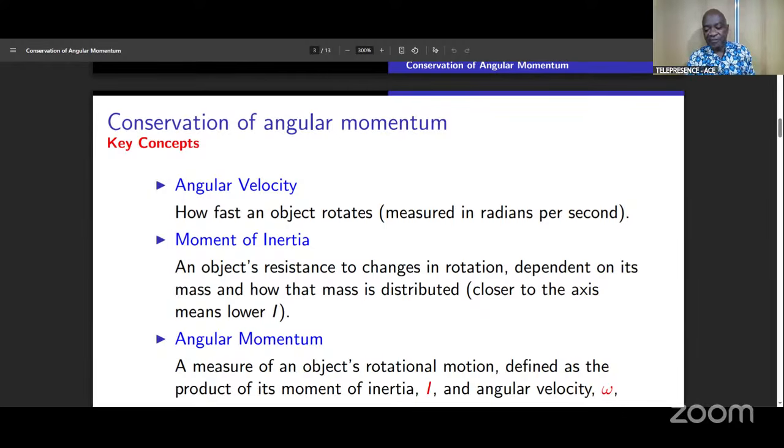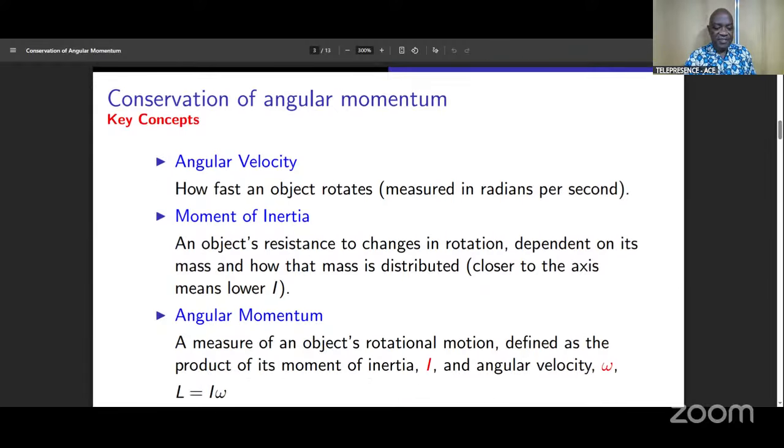If it is closer to the axis, of course, that means lower I. Remember that for a point body, I is mr squared, where m is the mass and r is that position.